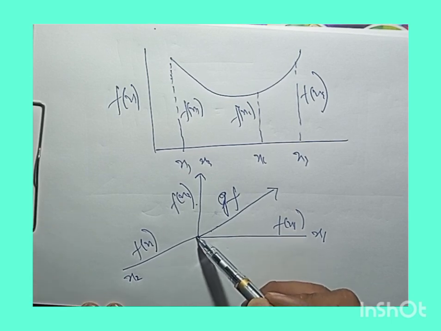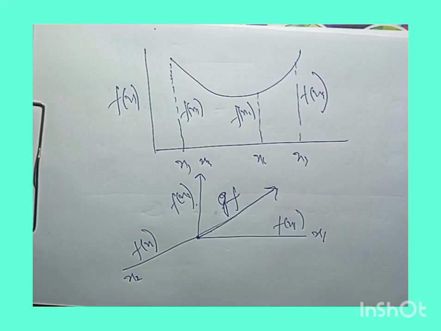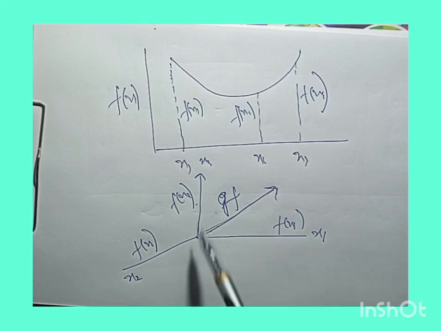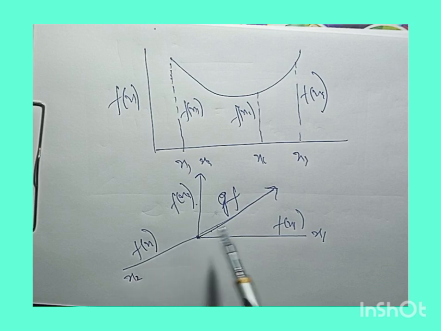So if I choose this as the resultant of the three functions, f of x1, f of x2, and f of x3, in general you can have a large number of such elements that can combine into a single vector. That single vector in quantum mechanics is a result of those infinitely large number of elements present in that space.